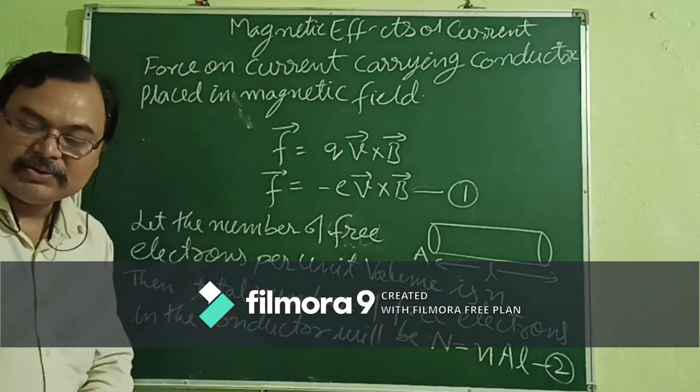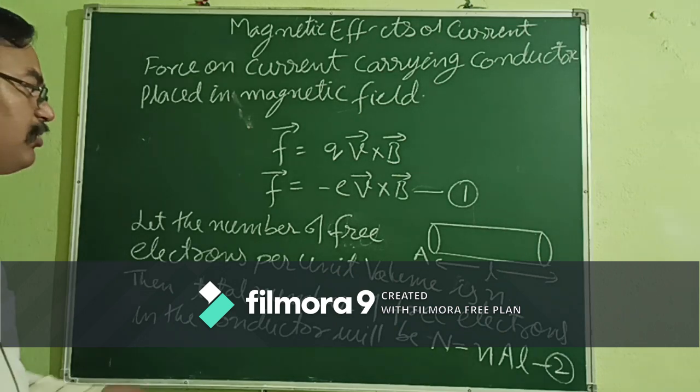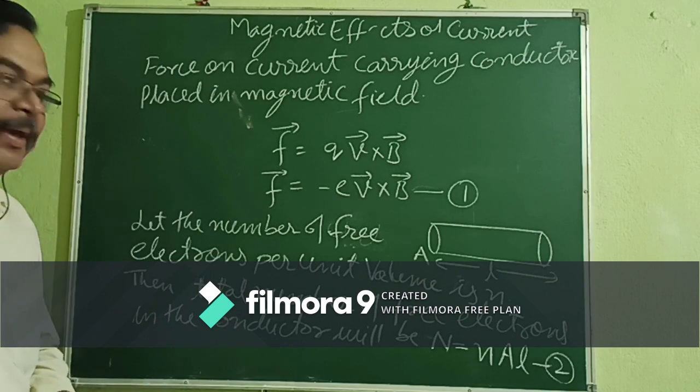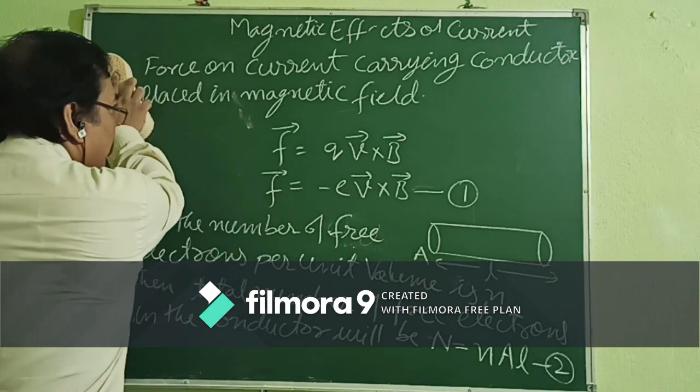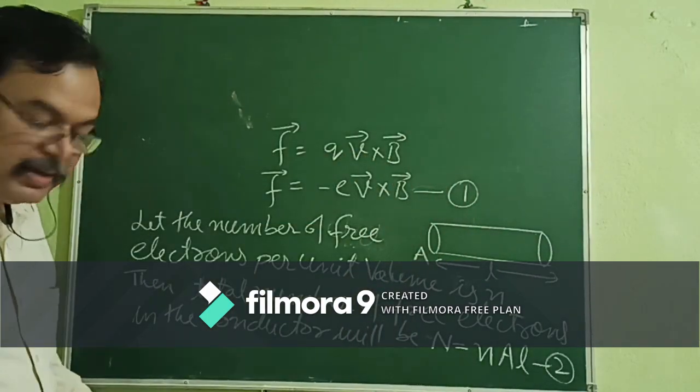From these two equations we can get the net force acting on all the free electrons present in this conductor. I'm going to rub the upper part so that we get proper space to write.